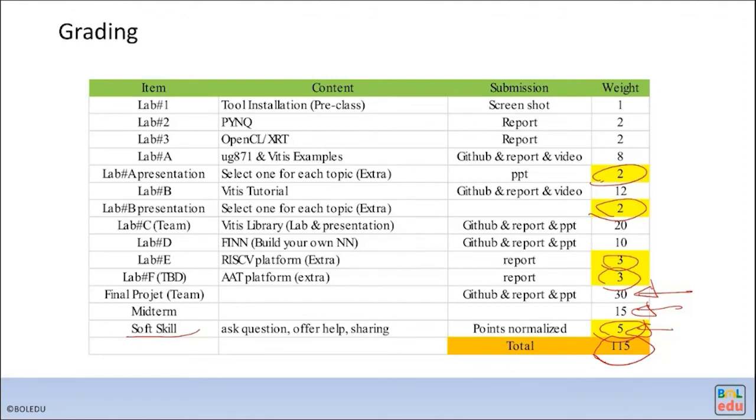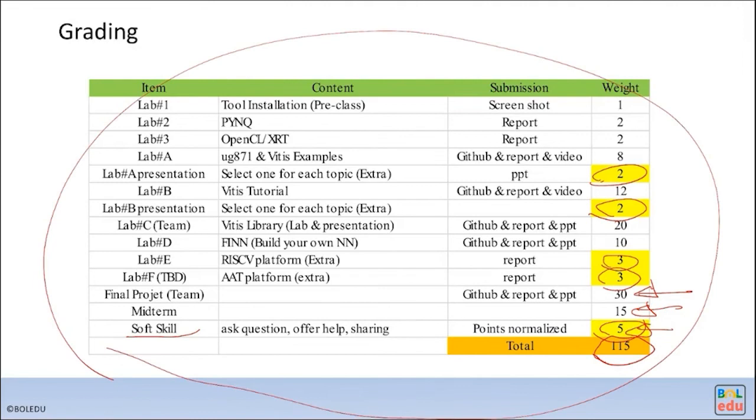But you can use those extra efforts to compensate for areas you did not do well. For example, if you miss your midterm, you can ask a few questions to cover up your midterm. So after this table, I believe many of you have an idea or strategy for how to get those points.